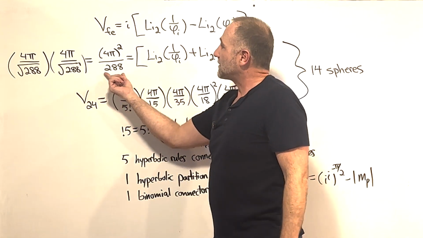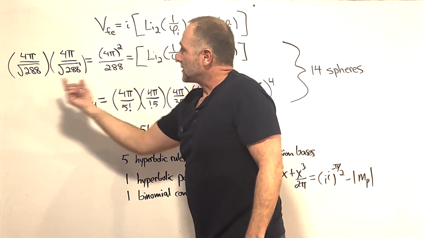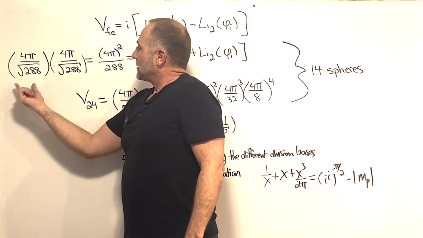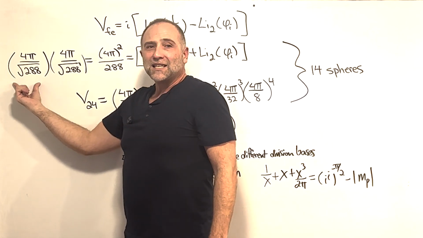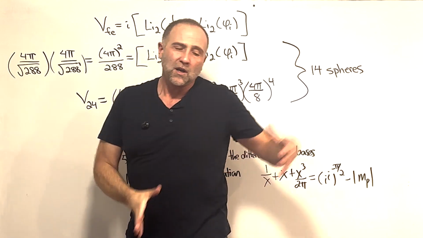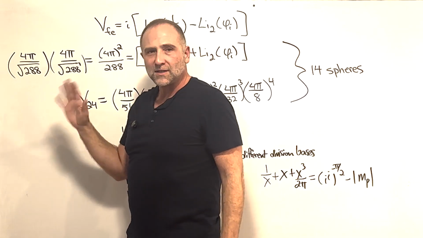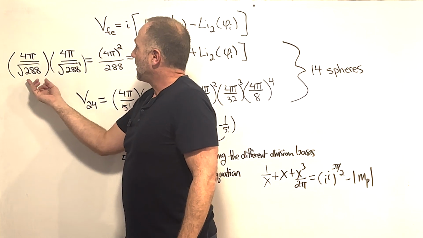Another reason this is fantastic is this is equivalent to this times this, which famously, this is the maximum density packing for sphere packing. Kepler discovered this a long time ago, or conjectured it. I think it was proven just recently in like 2003 or somewhere around there, so quite recently.